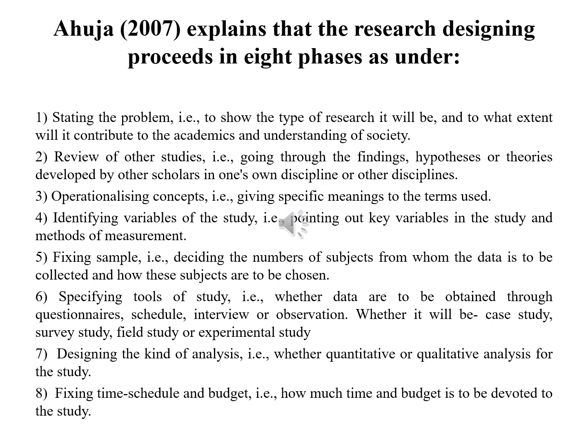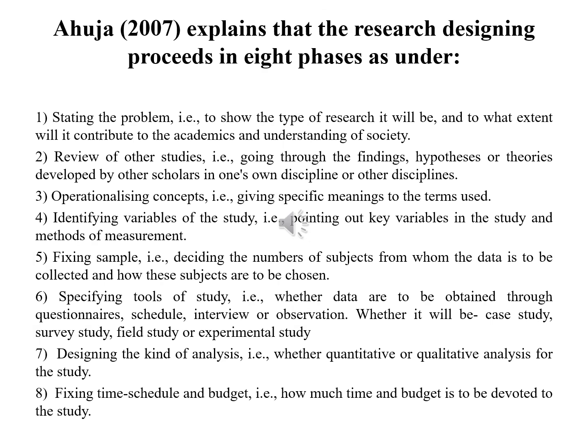Here, Ahuja is saying that first and foremost, to start our research, we have to decide what problem we want to study and why it is important. If you are choosing that problem for your study, you need to mention what its importance is in today's contemporary society.